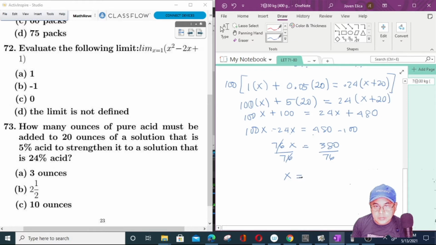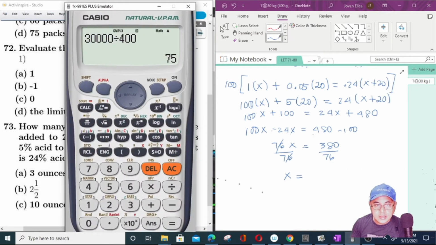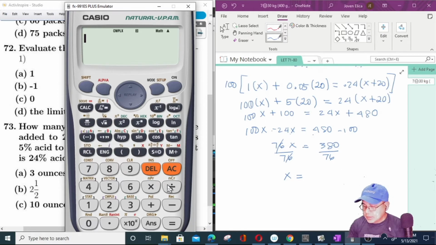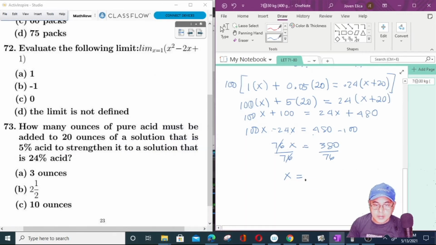So x is equal to 380 divided by 76. We have 5 ounces of 100% pure acid.